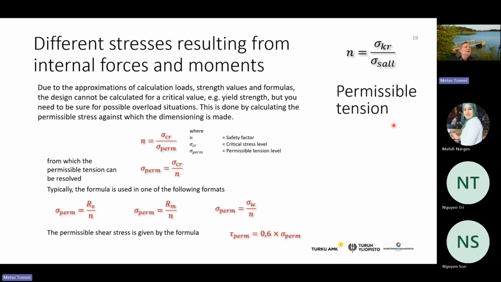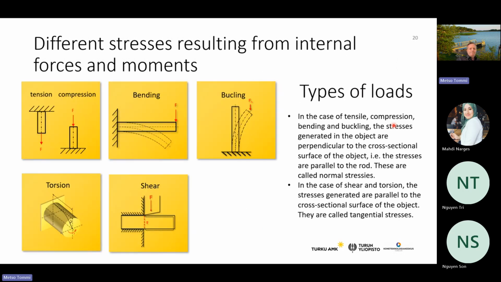And here are the equations for safety factor: critical stress per permissible stress.